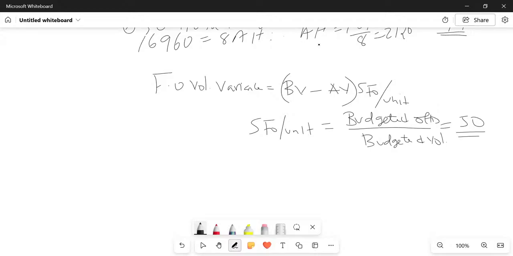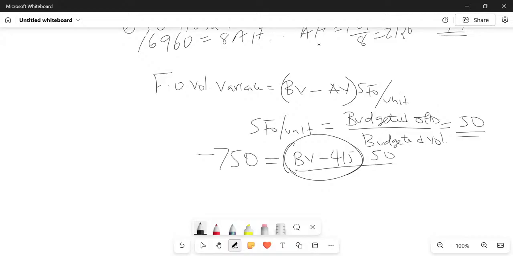$750 favorable. So minus what here? Minus 750. Do we have budgeted volume in this question? No. But we have actual volume. Actual volume was the actual output, actual production. You gave me a figure: 415. These standard fixed overheads are 50, so treat this as if it's one number.